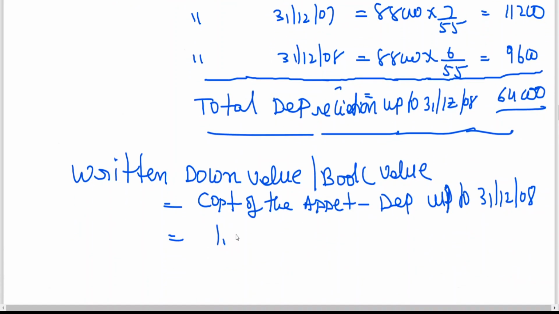What is the cost of the asset? 1 lakh minus 64,000. It is coming to 36,000. Clear to all of you? 36,000.